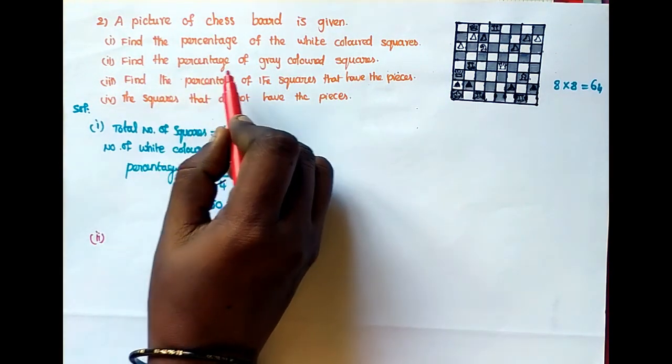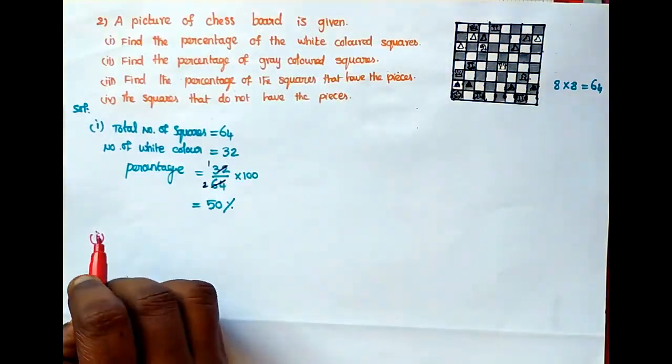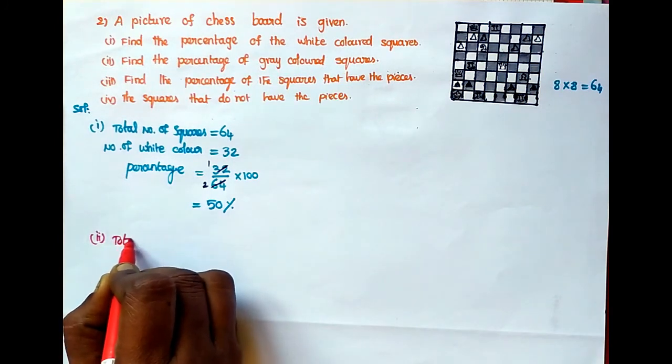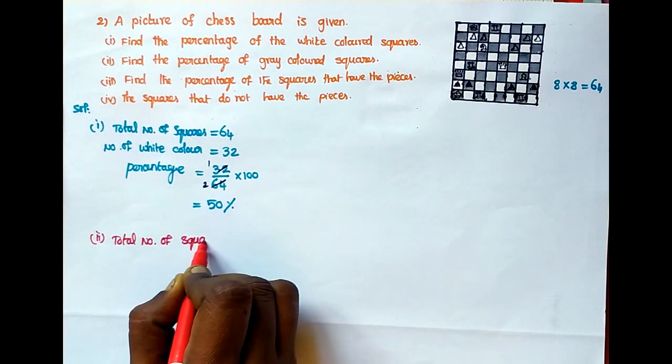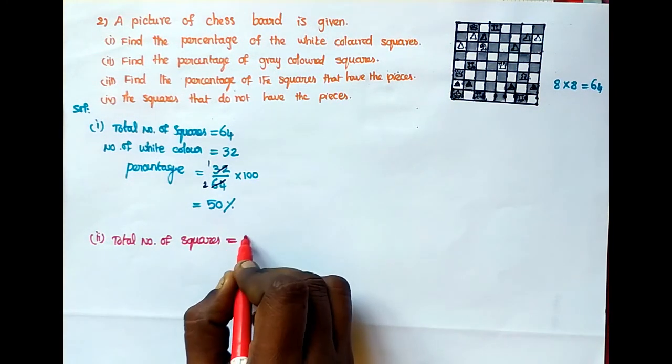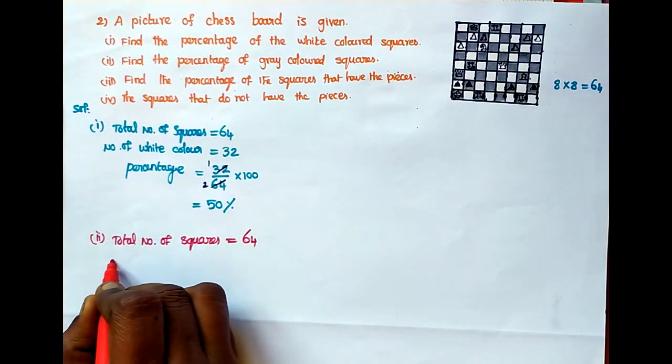Next one, find the percentage of grey color squares. Same thing, total number of squares equal to 64.